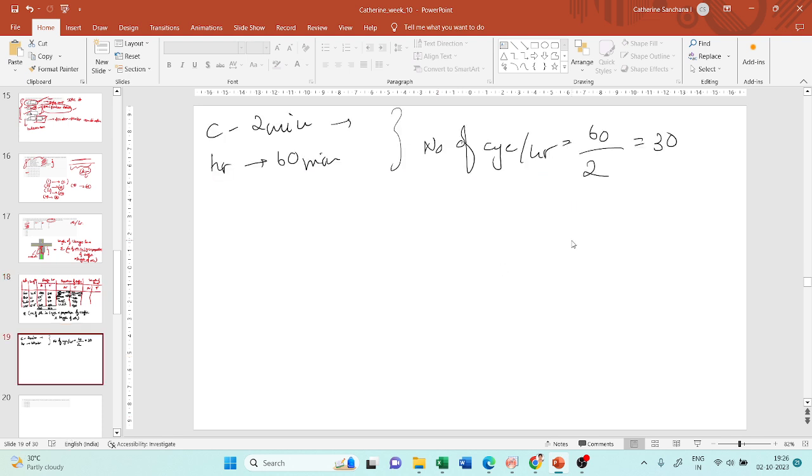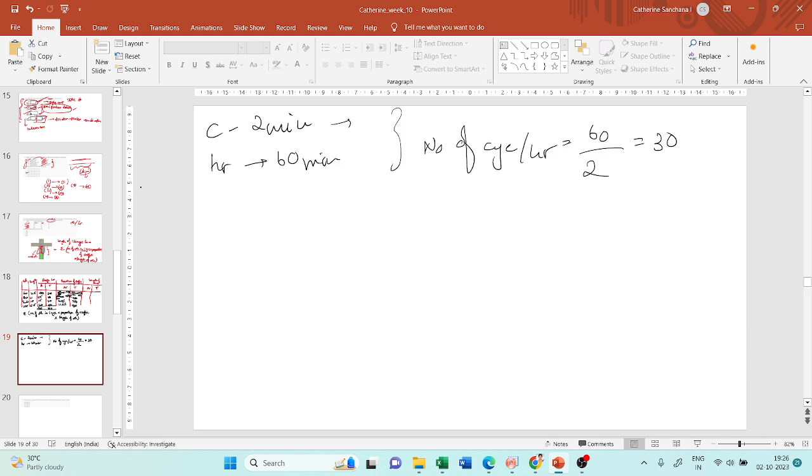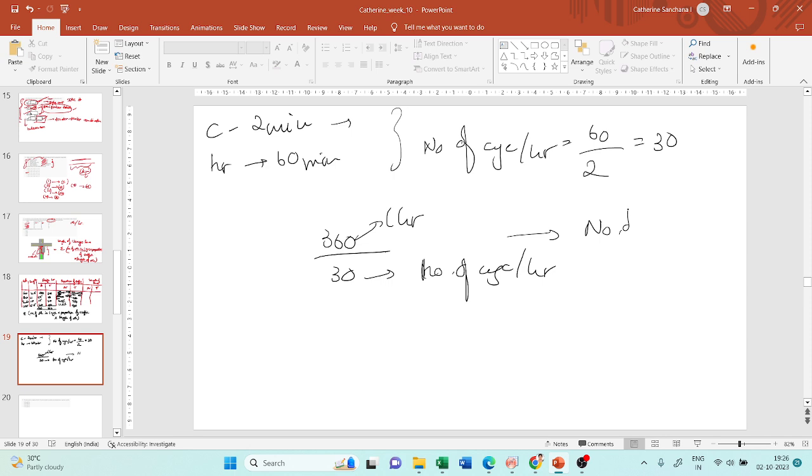So if you have 30 cycles in 1 hour, then the total number of vehicles they've given you, which is 360, you will divide by 30, because this is for 1 hour and this is for the number of cycles in 1 hour. So I will get the number of vehicles in one cycle.